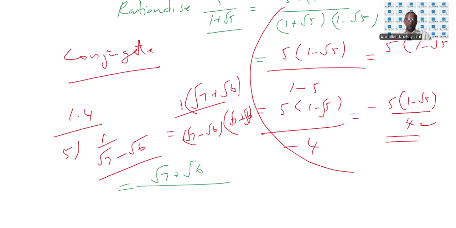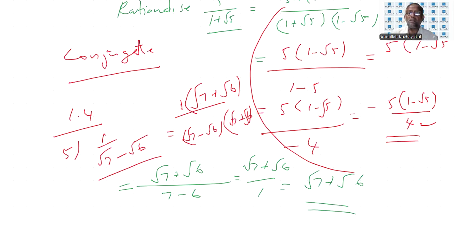Root of 7 square means 7 minus 6, which is 1. So root 7 plus root 6 by 1. Beautiful answer: the denominator is 1. It is a rational number, an integer, a whole number, a real number. These all are real numbers. We are talking about the real number system.